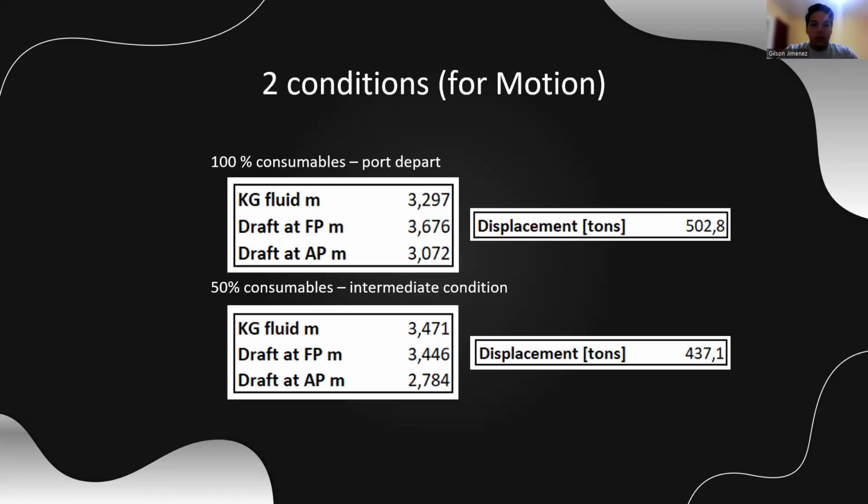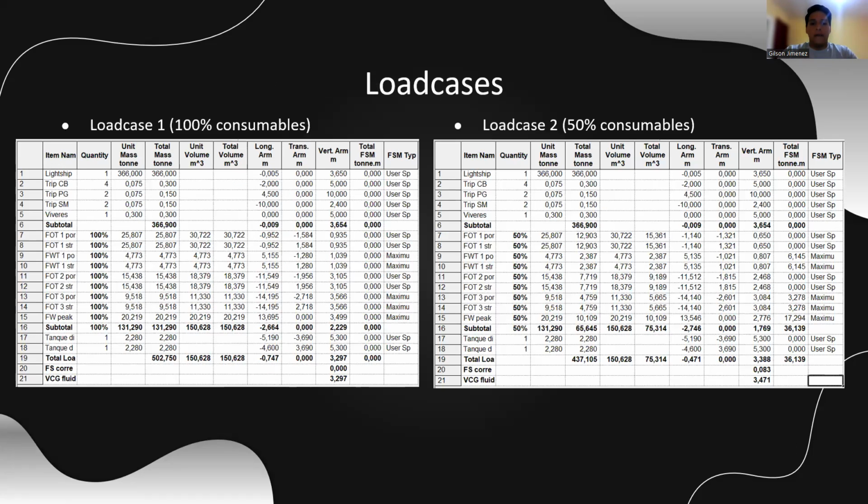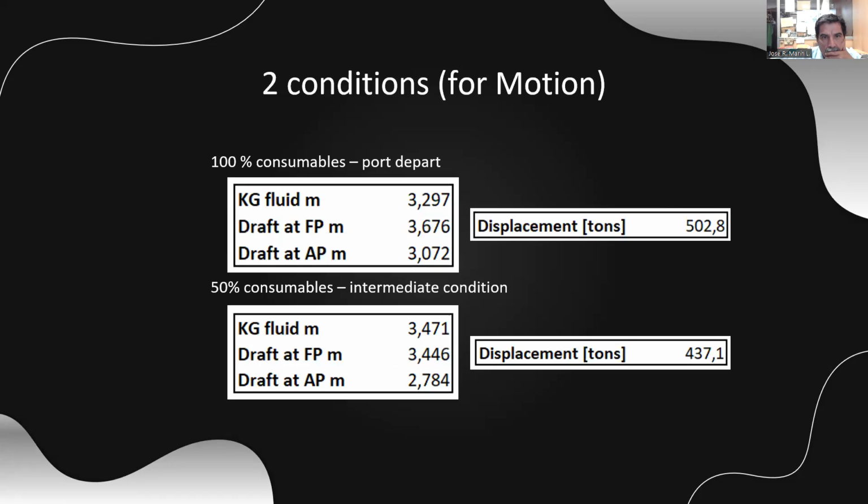Here we can note that we have reduced the displacement by 13% from the original condition. From this analysis for the stability, we can take these values: KG, draft on the forward and draft on the after, and displacement in both load cases.